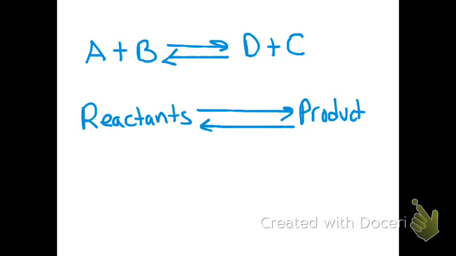And with the terminology that we're going to look at here, going from reactants to products is always known as the forward reaction. And going from product back to reactants is often known as the backward reaction.